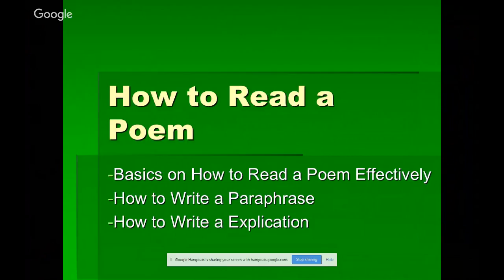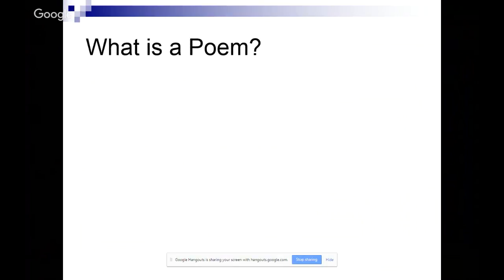Now, by going through this process, it will help you with that understanding. And if you understand it better, it follows that you will hopefully, if not enjoy the poems more, certainly be able to get as much out of them as you need in order to be successful in this class. Okay, so we're going to focus primarily on how to read a poem effectively.